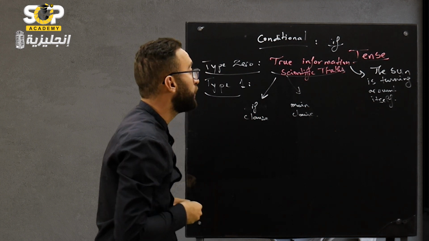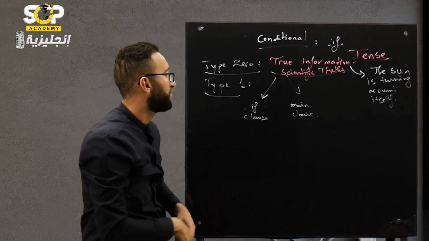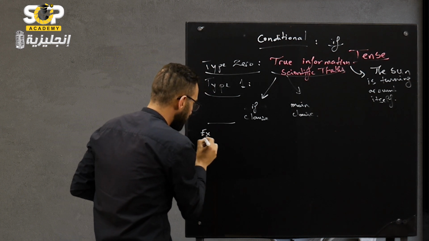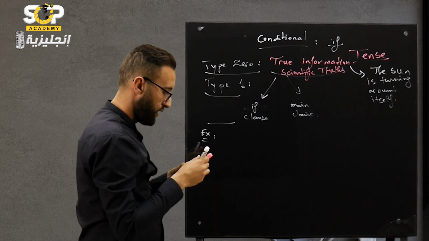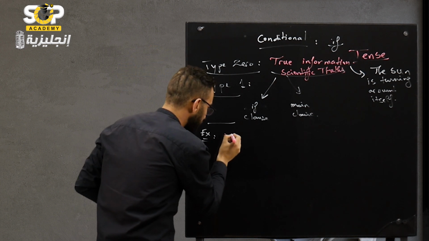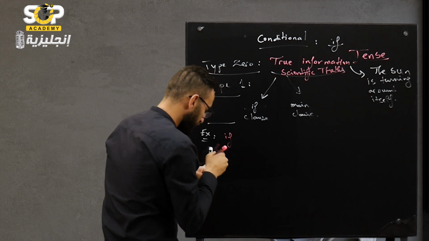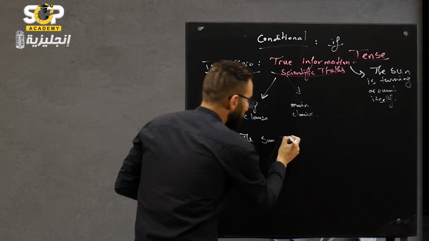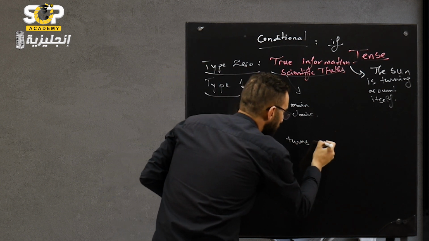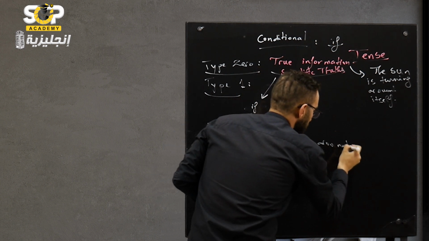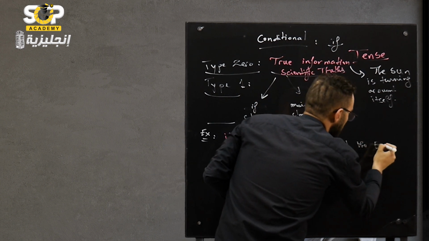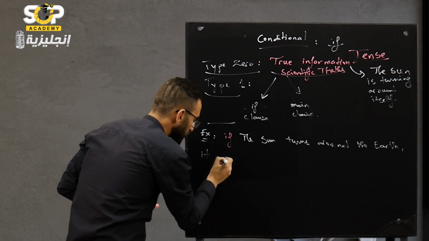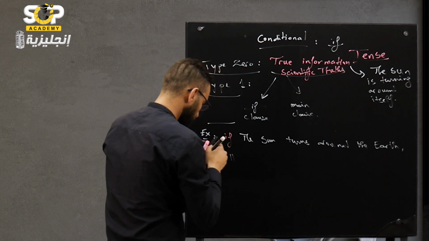How can we apply the if conditional on true information or scientific truth? We can do that in this example. The example is the following: if the sun turns around the earth, it will what?